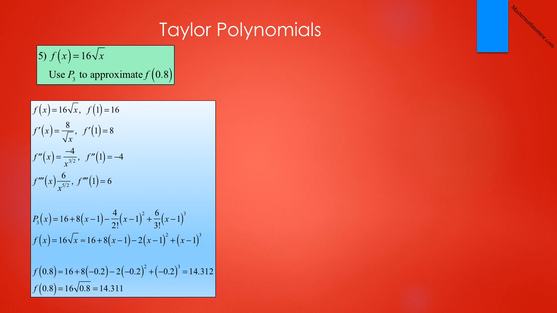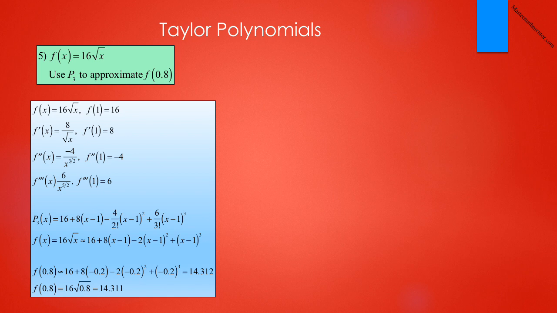That is equal to 16 plus 8 quantity x minus 1 minus 4 over 2 factorial quantity x minus 1 squared plus 6 over 3 factorial quantity x minus 1 cubed, giving f of x, which is 16 square root of x, approximately equal to 16 plus 8 quantity x minus 1 minus 2 quantity x minus 1 squared plus quantity x minus 1 cubed.